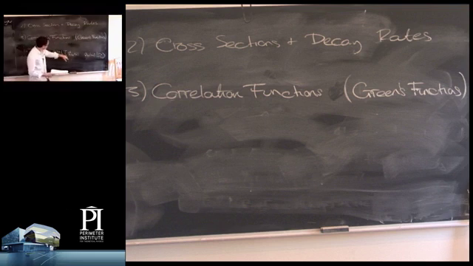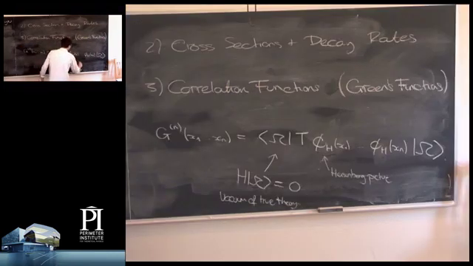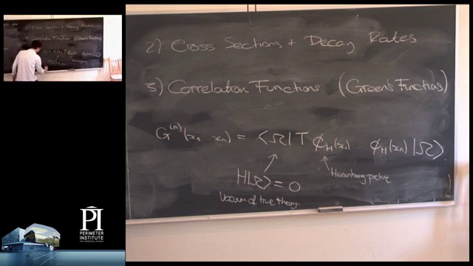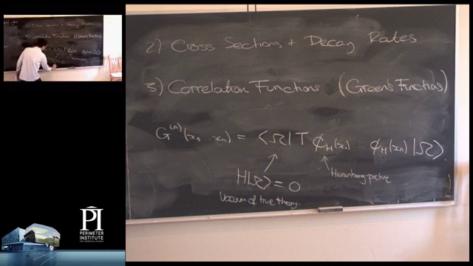Okay, so again, it's a time-ordered product, but it's objects in the Heisenberg picture, now not the interaction picture. And this guy here is the vacuum of the true theory. That's a somewhat different object from what we've been calling zero, which was the vacuum of the free theory. Okay?